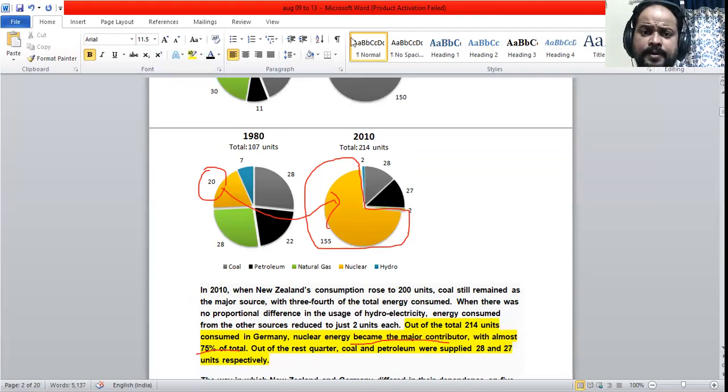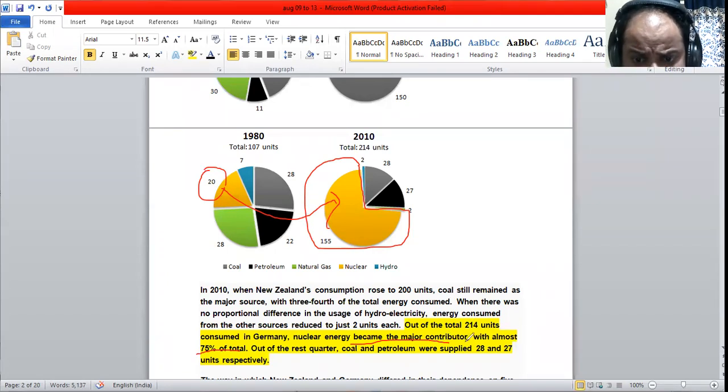Okay, made a correction there. Out of the total 214 units consumed in Germany, nuclear energy became the major contributor with almost 75% of the total.